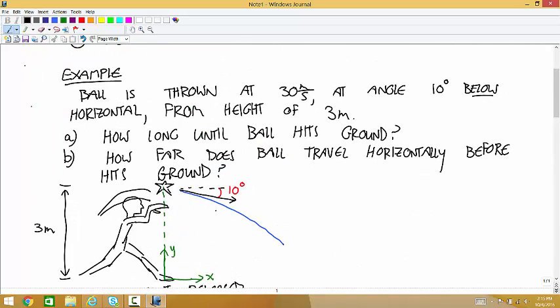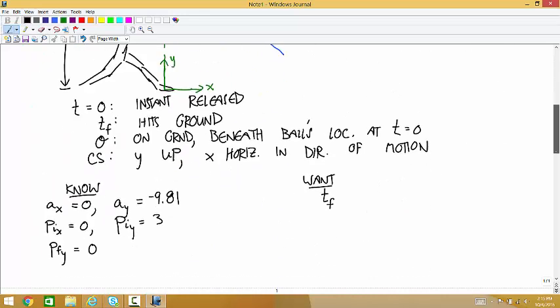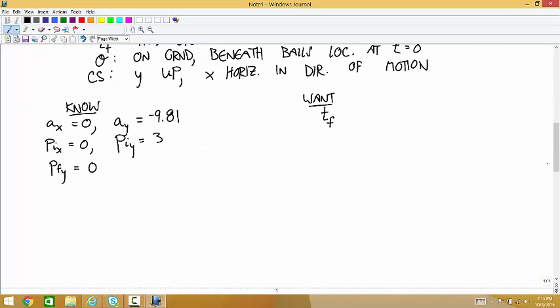So this vector has a magnitude of 30 meters per second, and it's in this direction. And so we're going to do a vector calculation to come up with those velocity components. And so where you would put the length is 30, right, exactly.